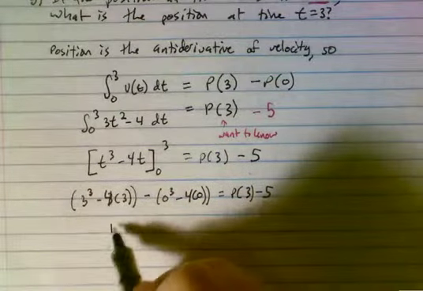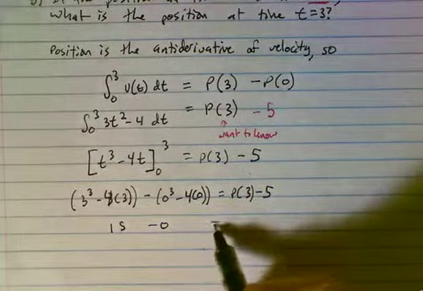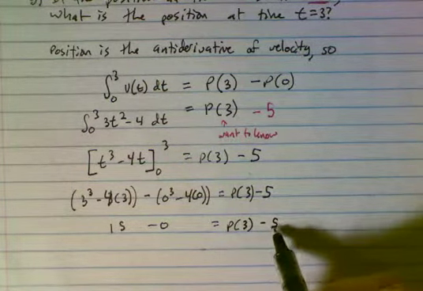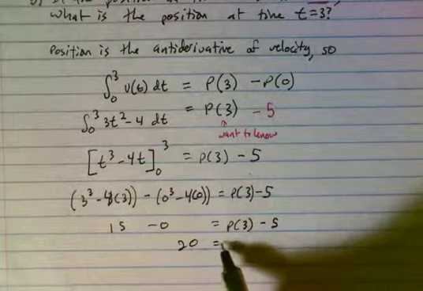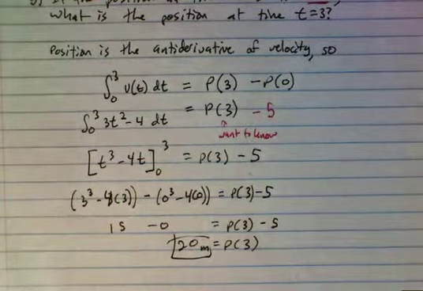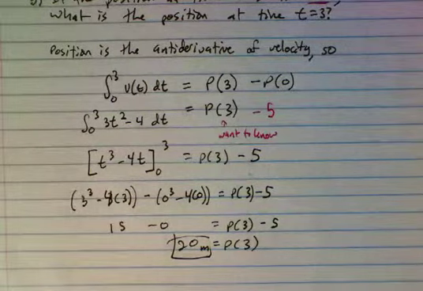When we simplify this, that's 15 minus 0 equals position at time equals 3 minus 5, so we add 5 to both sides. Got 20 meters.